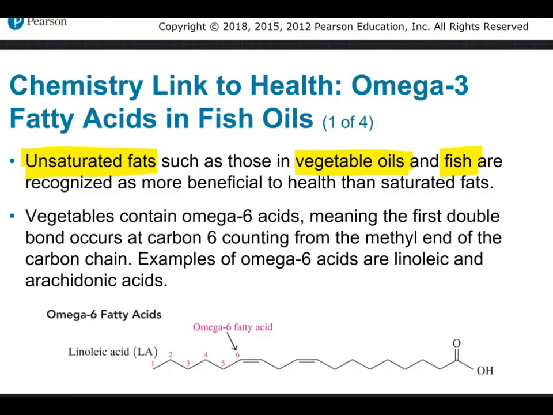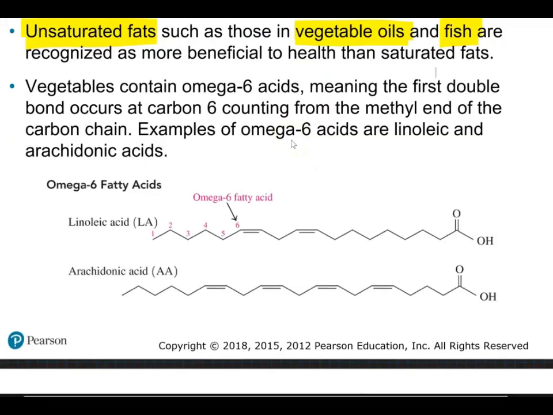Okay, so those fatty acids are sometimes classified based on the position of the first double bond if you count atoms from the very end of the hydrocarbon tail. So check this out. Linoleic acid as well as arachidonic acid are considered to be omega-6 acids.